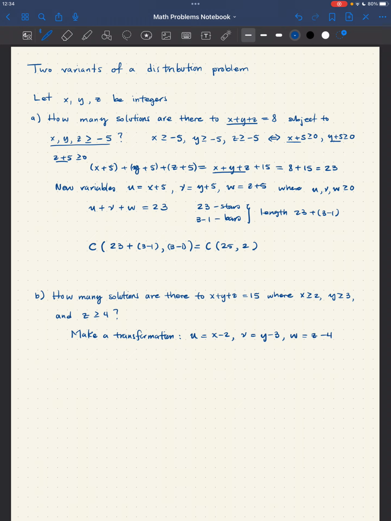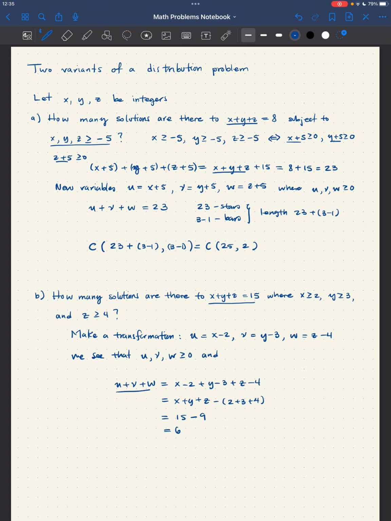Once we do that, we see that u, v, and w are greater or equal than 0, integers, and based on the condition that we have here, that turns into u plus v plus w equal to x minus 2 plus y minus 3 plus z minus 4, which of course I can group into x plus y plus z minus 2 plus 3 plus 4, which of course I know this is given by 15 minus 9, which is 6.